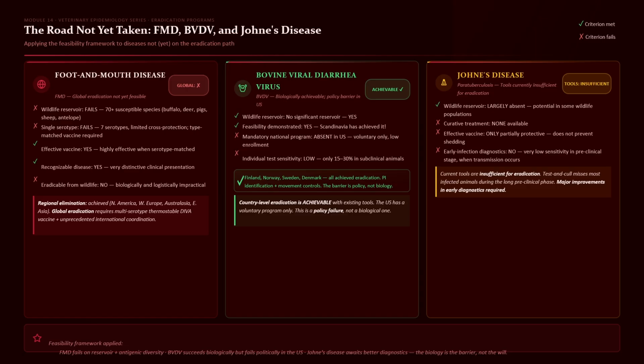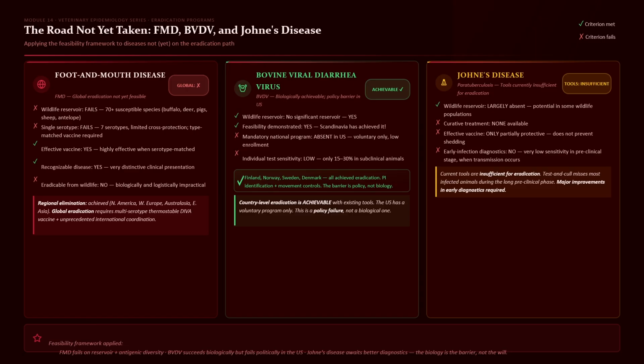Bovine viral diarrhea virus, BVDV. This one is genuinely exciting. Several northern European countries, Norway, Sweden, Finland, Denmark, Scotland, have achieved or are approaching national elimination of BVDV without vaccination. The strategy is conceptually simple. Identify and remove all persistently infected, PI animals.